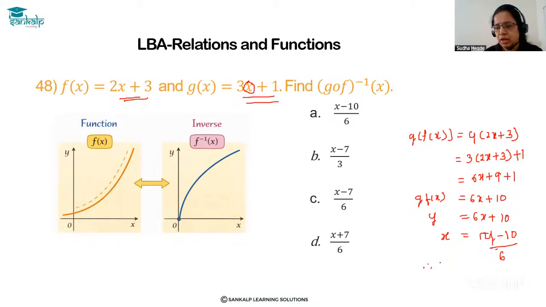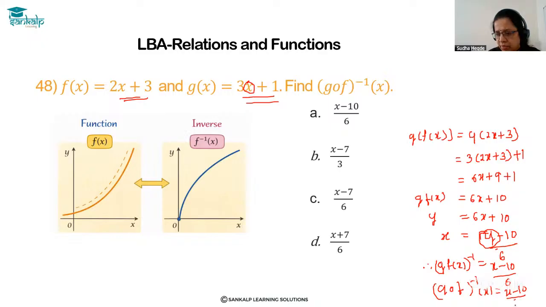Therefore, G composition f of x inverse is equal to, replace this y by x. So, x minus 10 by 6. So, G composition f inverse of x is equal to x minus 10 divided by 6 is the answer.